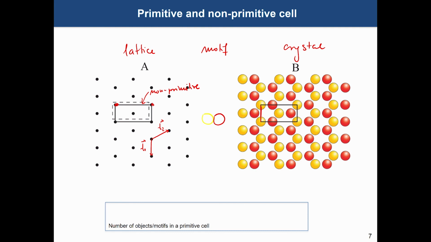So if I draw a primitive unit cell, in this particular case, how many motifs do I have in this primitive unit cell? One. In a primitive cell, we always have one motif, which is again a yellow and a red ball.